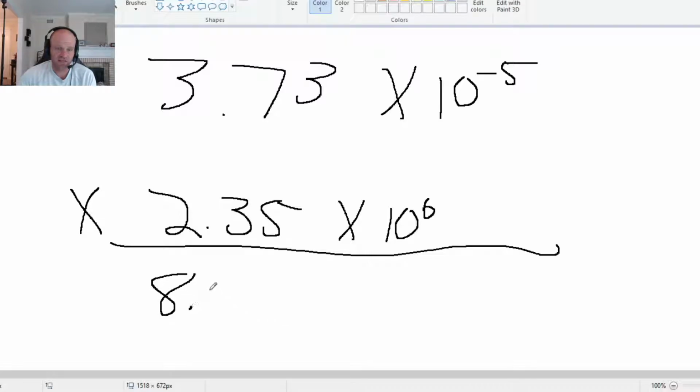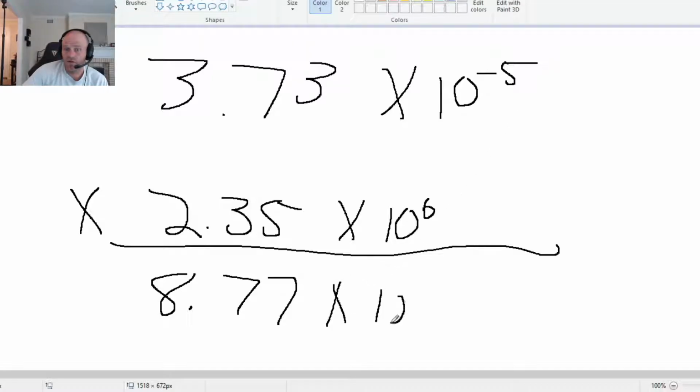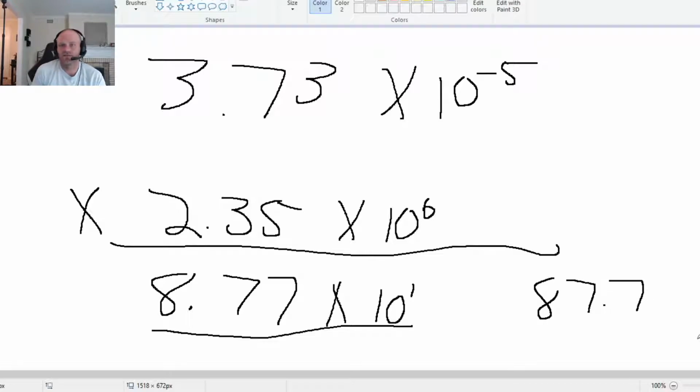So that means I can only have 3 in my answer: 8.77. Now for the exponents, I just do plus 6 minus 5. That'd be times 10 to the 1, and 10 to the 1 is just 10. So my final answer could either be 8.77 times 10 to the 1, or I would also accept 87.7.